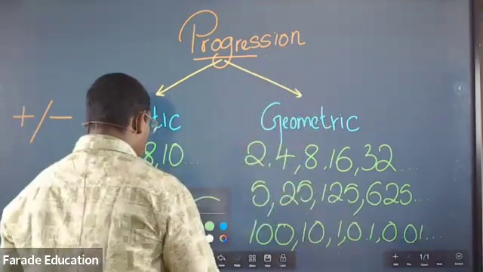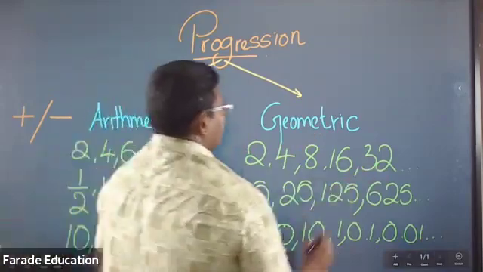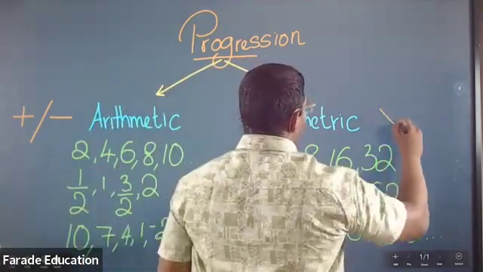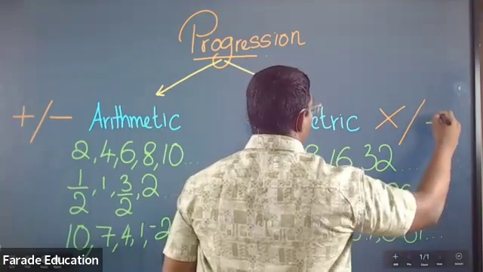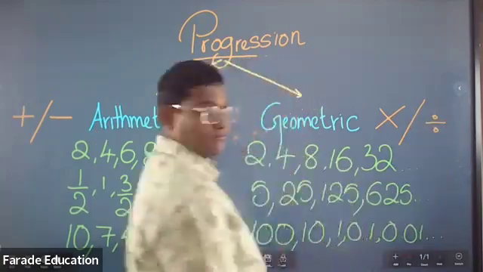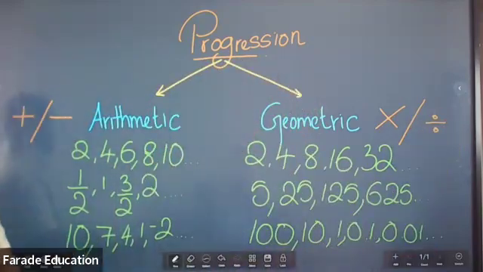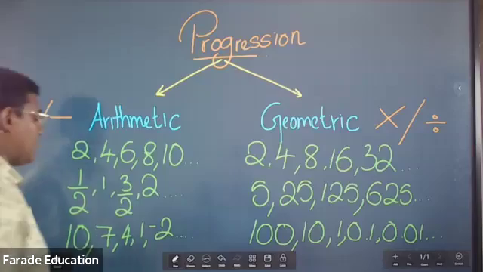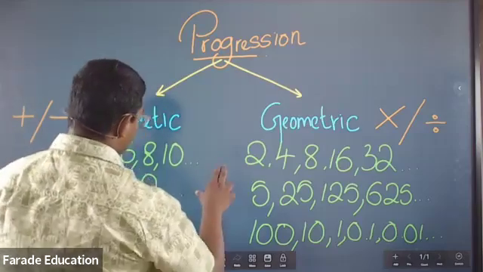What did happen here? When a number pattern is connected with a multiplication or a division, we call it a geometric progression. Arithmetic is addition or subtraction. Geometric is multiplication or division.